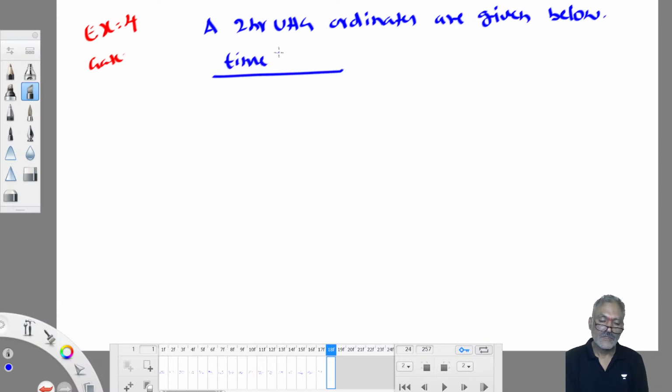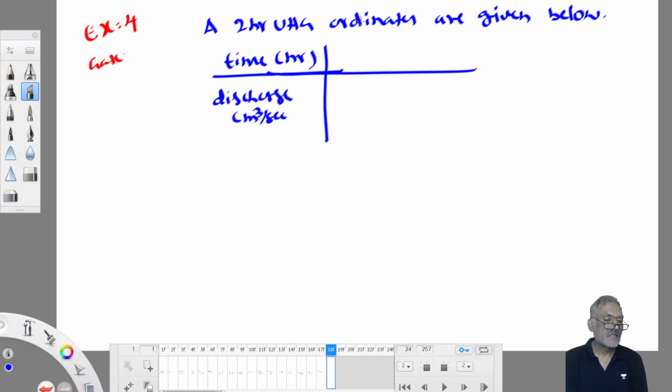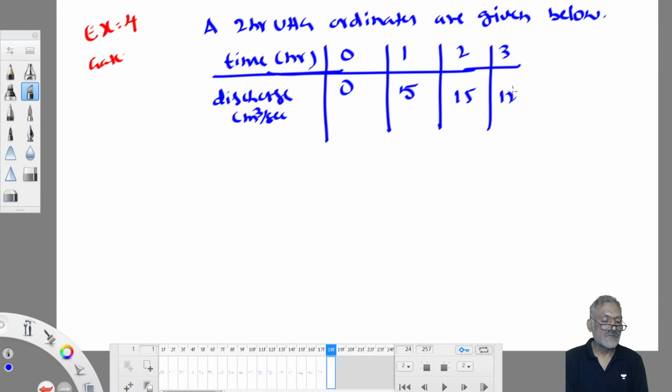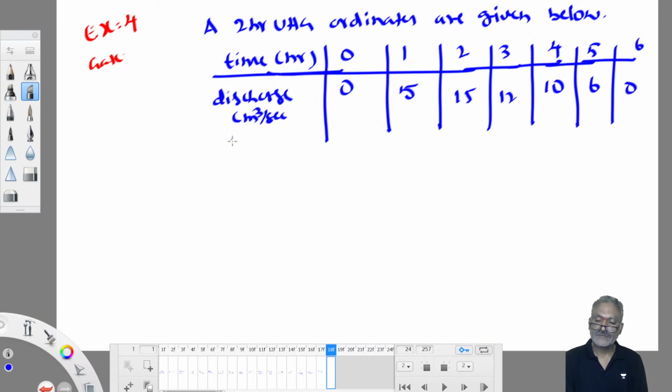Time in hours and discharge in meter cube per second: 0 hours, 0; after 1 hour, 5; after 2 hours, 15; 3 hours, 12; 4 hours, 10; 5th hour, 6; and again at the 6th hour, 0.